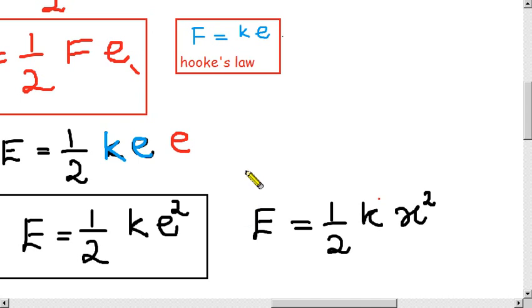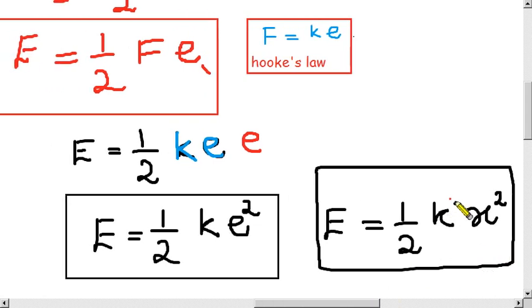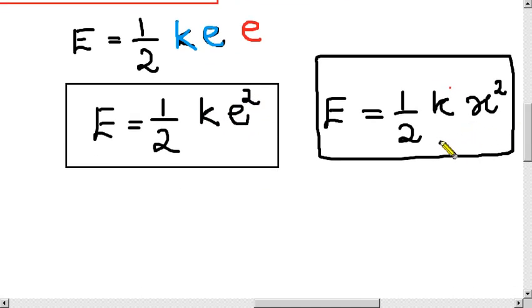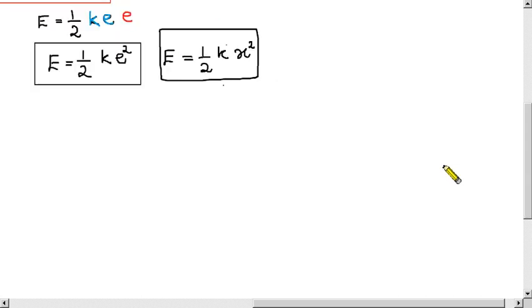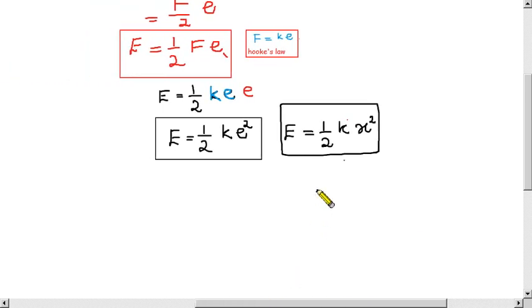So this equation is also the same, half kx squared. That is easier to say than half k e squared, so most people use this equation, but it doesn't matter. Whatever equation you use, if you use it correctly, you get marks.